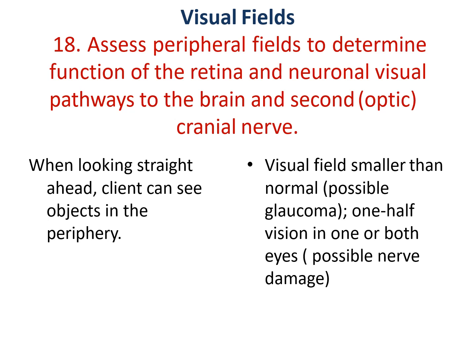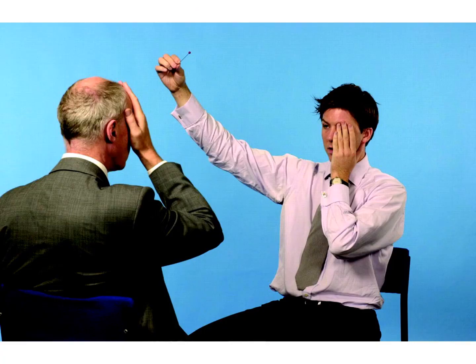Possible glaucoma is a cause, and loss of one half of vision in one or both eyes could be assessed, such as seen in patients with possible nerve damage, at times in patients who had stroke. This image shows us how you perform the assessment for the peripheral vision.